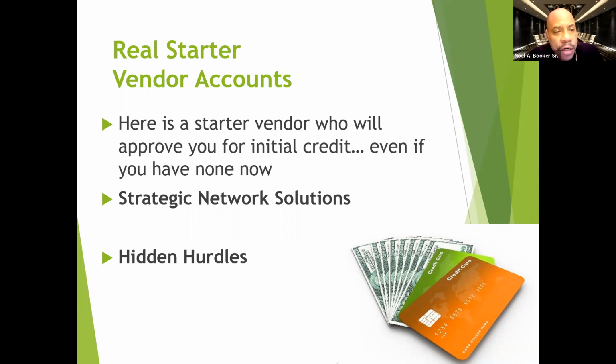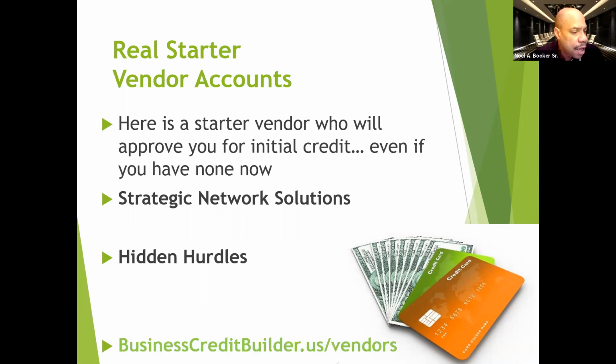This is where I start, Strategic Network Solutions, okay? And you can find out how to get my affiliate code at this website, businesscreditbuilder.us/vendors, okay? There will be instructions on how to contact them and use the affiliate code, okay?